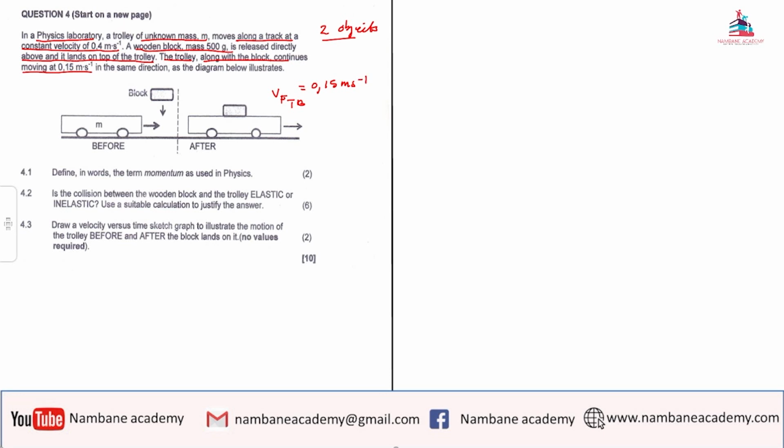But the block is released. V initial of the block is 0 meters per second. However, we know that this one is moving. V initial of the trolley is 0.4 meters per second. That is the information that is given.